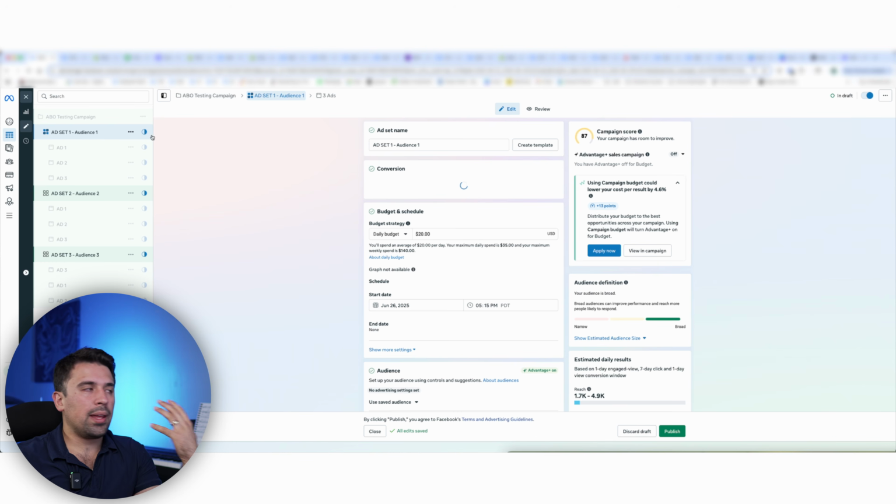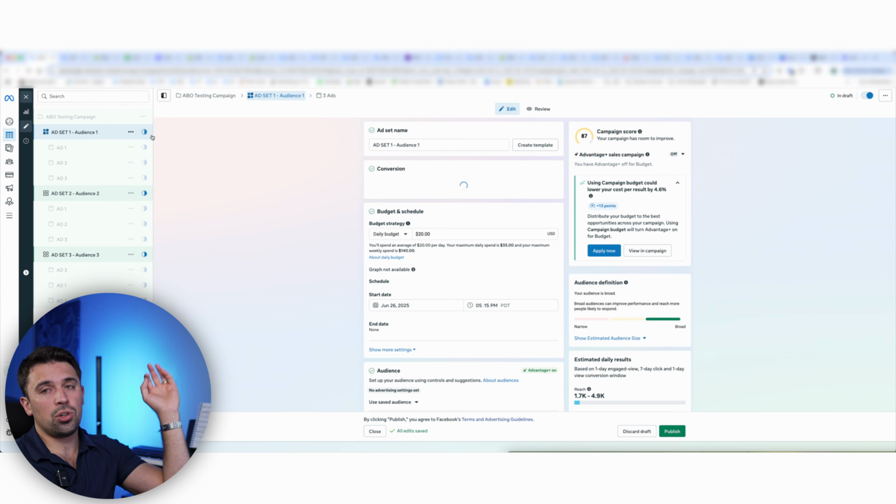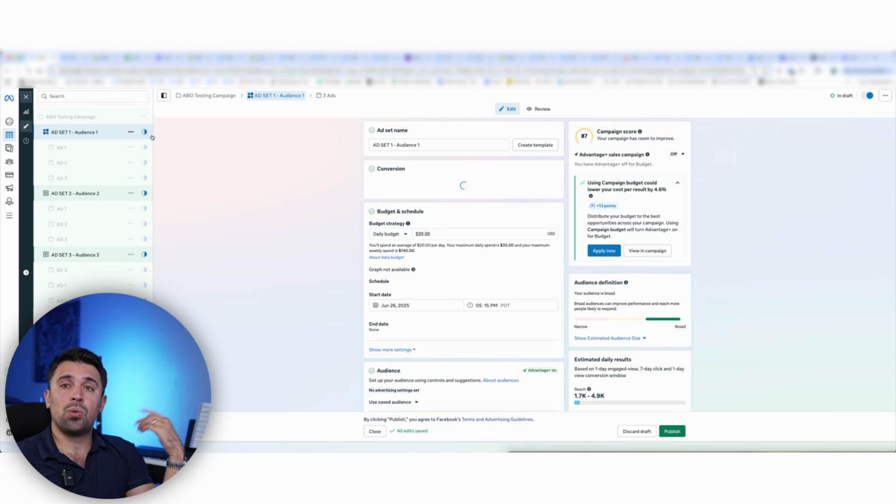But the way that we typically use these is we will test right in here, with a new ad set every time you want to test something. And again, we can introduce new things into an ABO because we know that it doesn't impact the other ad sets, so that's not an issue. You can add new ad sets into this. I wouldn't add new ads into an existing ad set, but I would add a whole new ad set into this campaign.